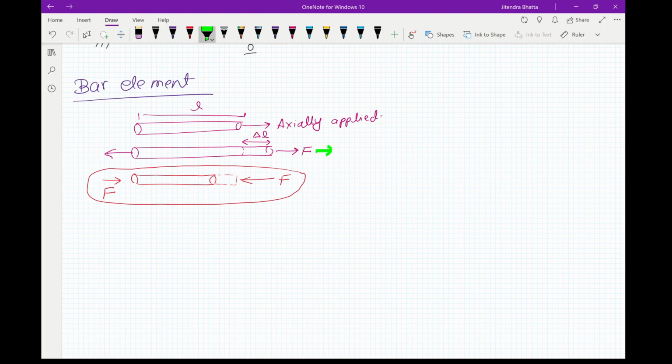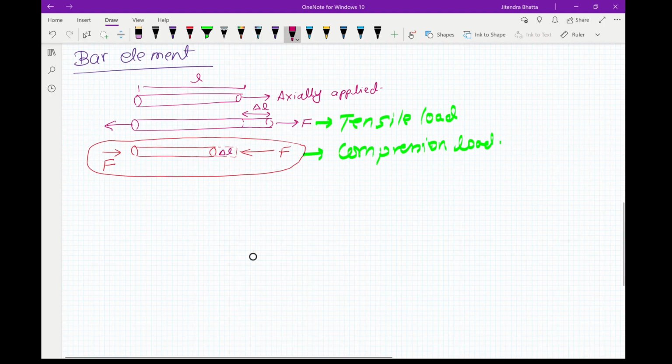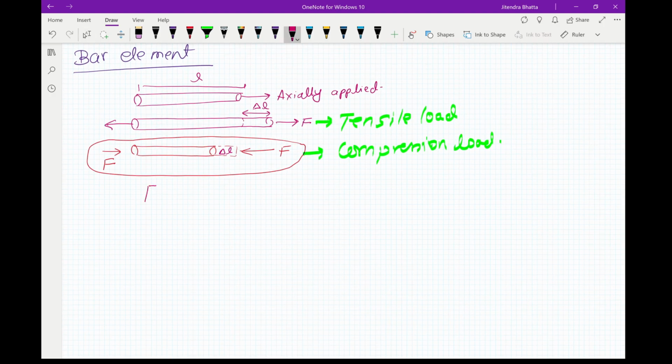This is the tensile load and this is the compression load. Here, if the original length of the bar element is L, and this increased by delta L under the applied load of F, then we already know Hooke's law, which says that force equals kx, where F is your force, k is the stiffness, and x is the elongation in the direction of the loading.